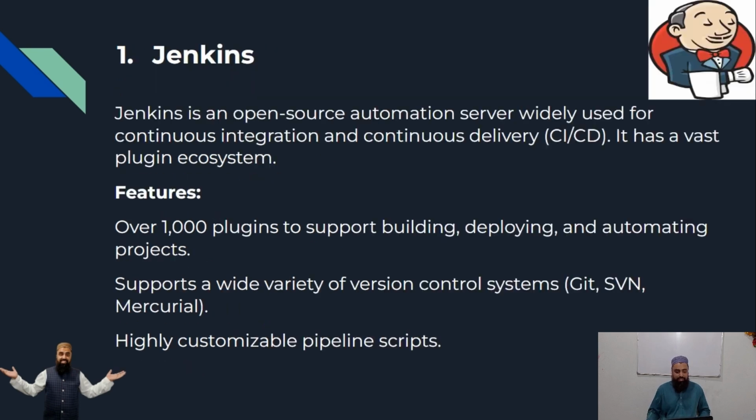So number one is Jenkins. I hope that you have heard its name. Jenkins is an open source automation server widely used for continuous integration and continuous delivery. It has a vast plugin ecosystem. It means that we have over 1,000 plugins to support building, deploying, and automating projects.